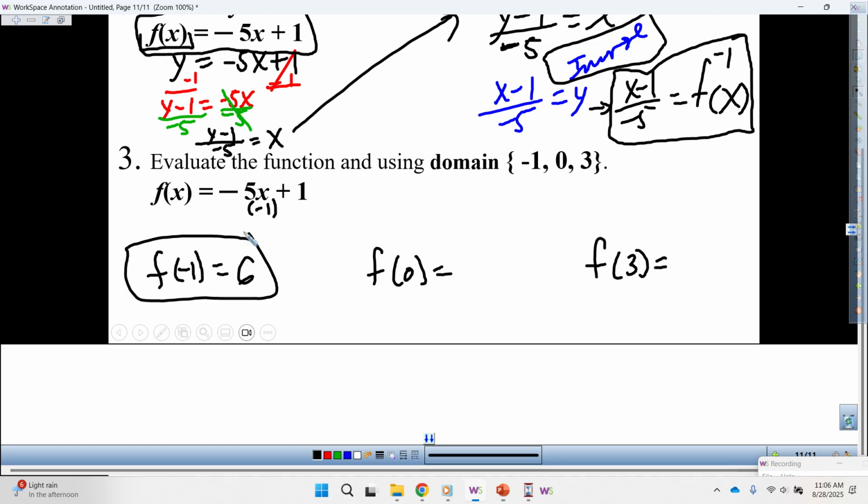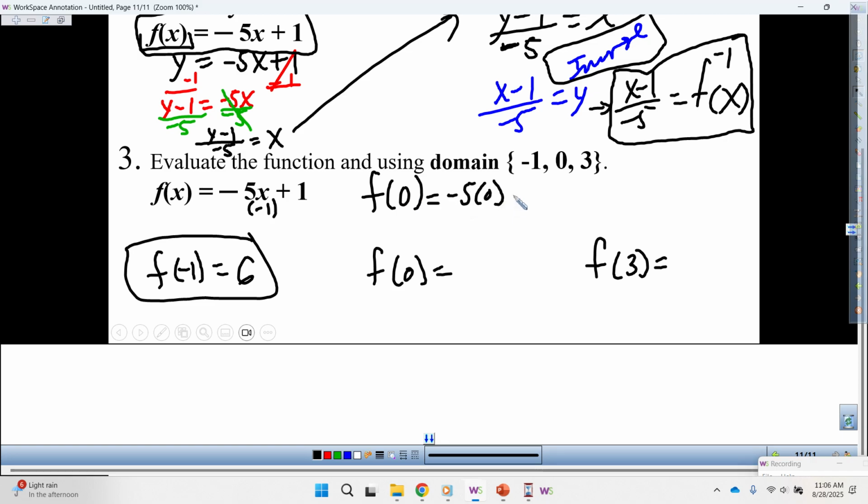All right. f of 0, pass them one. Natalia. Negative for this one? For f of 0? Okay, I'm sensing a disturbance in the force. So let's see.